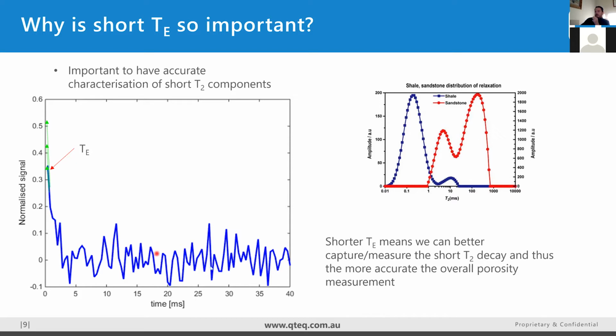Depending on the interval between our measurements will depend how easily we can fit this decay at very short T2 times. Depending on how much data we have, we can estimate our total porosity to be quite high or quite low. All of the tools are designed so that we are at a certain TE value so that we can best estimate these very short relaxation times that we often see in clays and iron oxides, things like that.